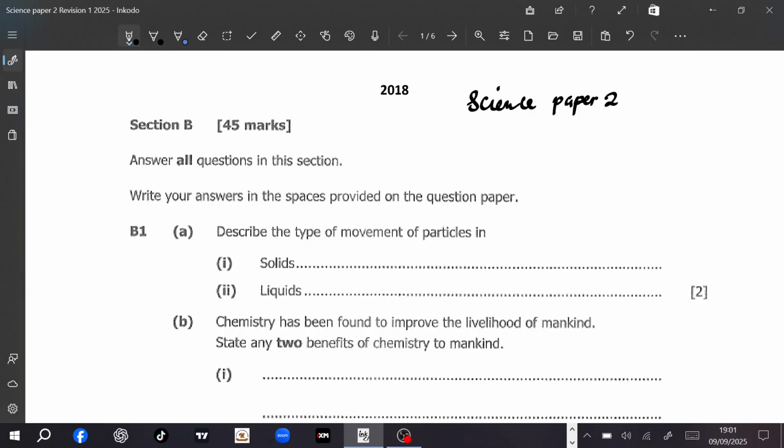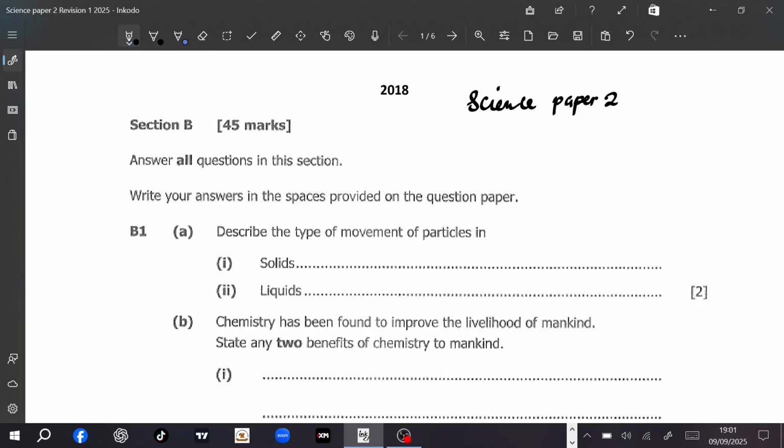So B1 from Section B. A. Describe the type of movement of particles in Roman numeral 1, solids. Roman numeral 2, liquids. So they are asking what type of movements are there in solids and liquids.